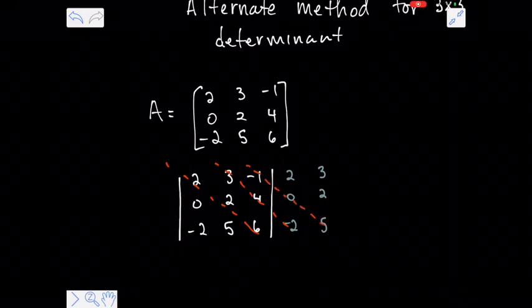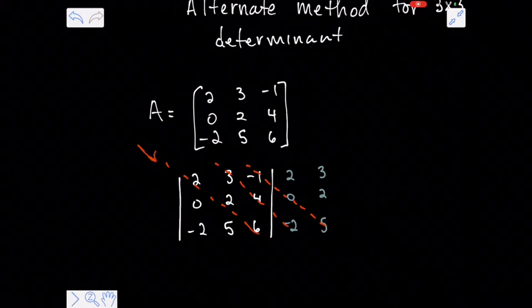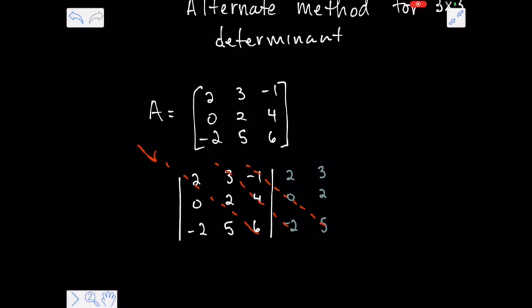So always starting from the top left, going to the bottom right. So with this diagonal, you have 2 times 2 times 6. 2 times 2 is 4. 4 times 6 is 24.